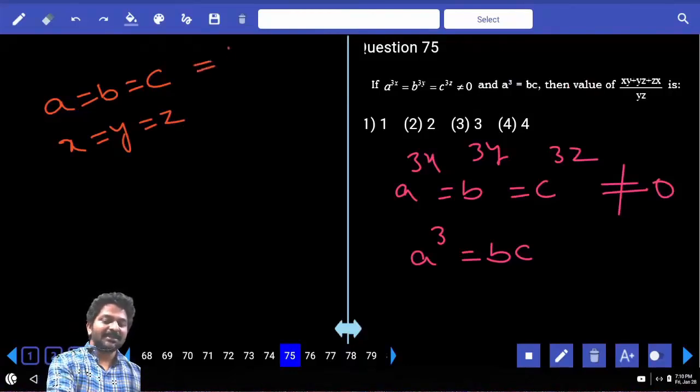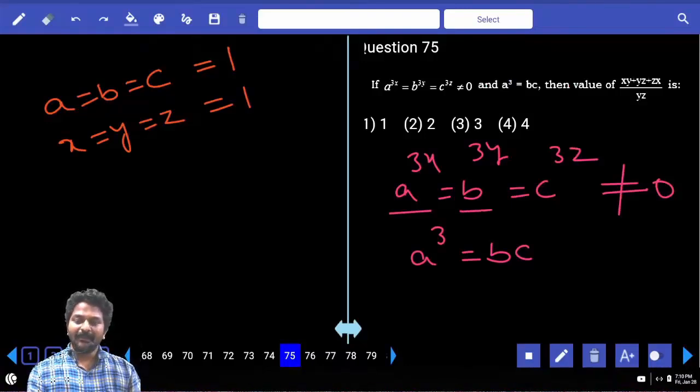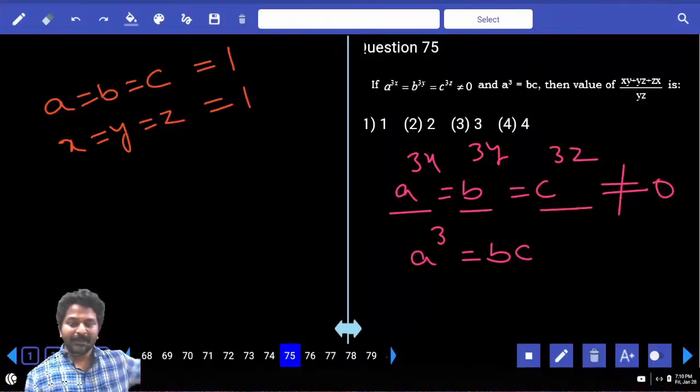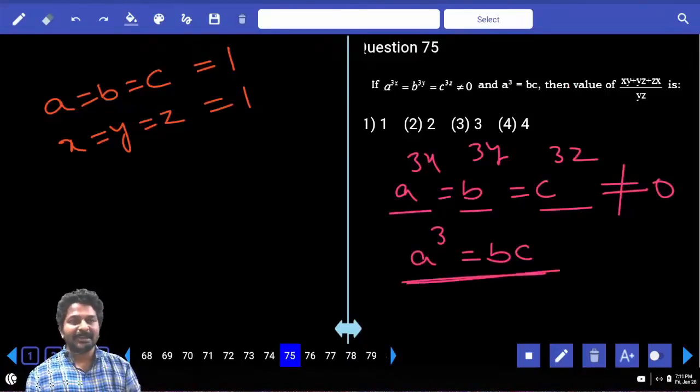I'll take this value is equal to 1 and this value is also equal to 1. Now 1 power anything, 1 only. Now a power 3x, that is 1 power 3 is equal to 1 power 3 is equal to 1 power 3. First condition satisfied? Check the second condition also. A cube is equal to bc or not.